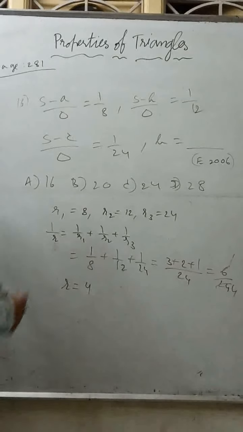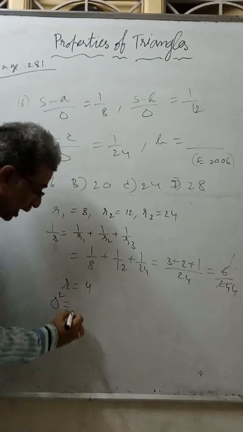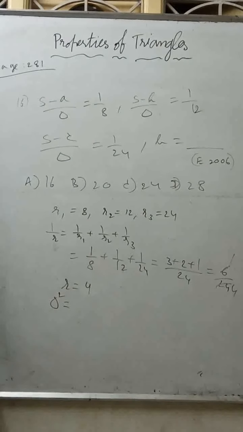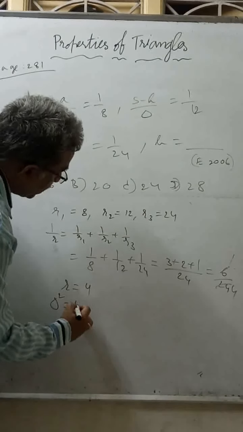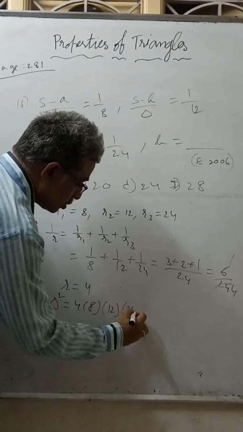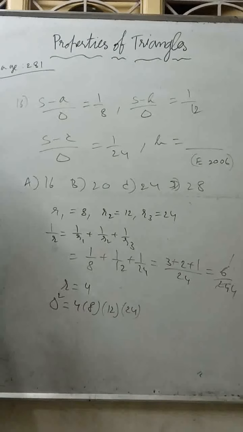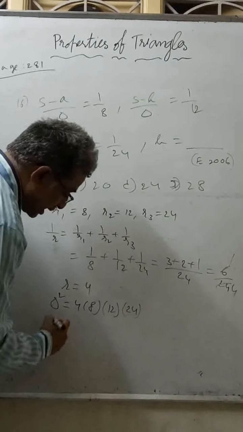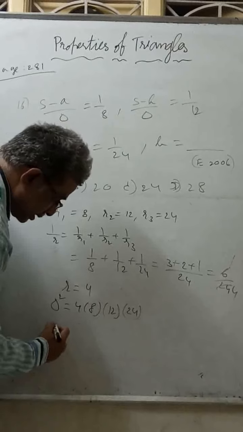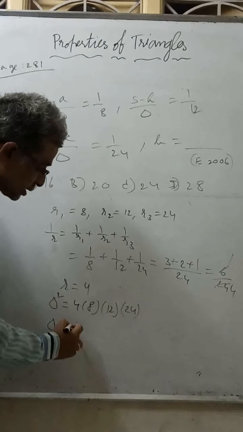From this we can easily derive delta square equal to r into r1 into r2 into r3, which means 4 into 8 into 12 into 24. This is delta square. Delta is the root of this.